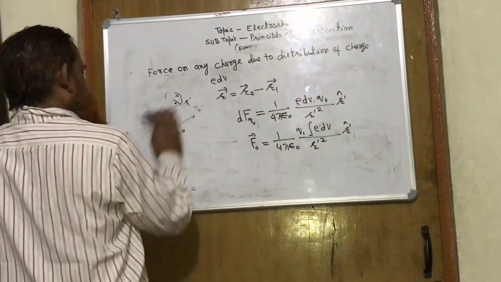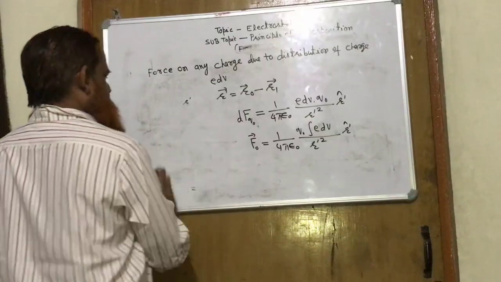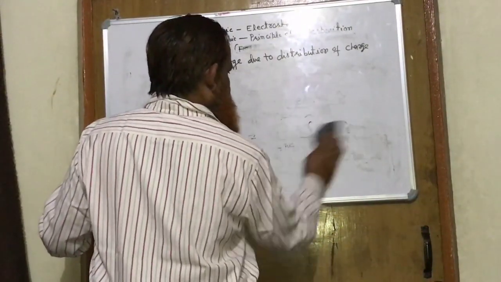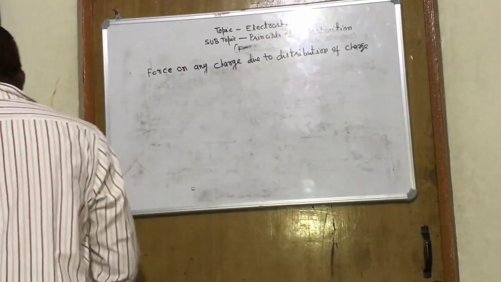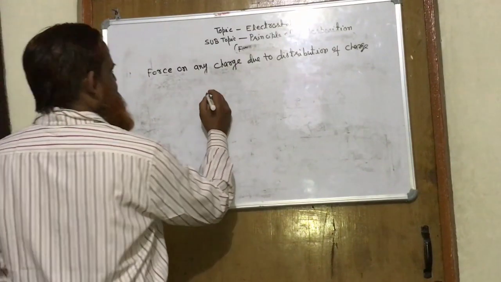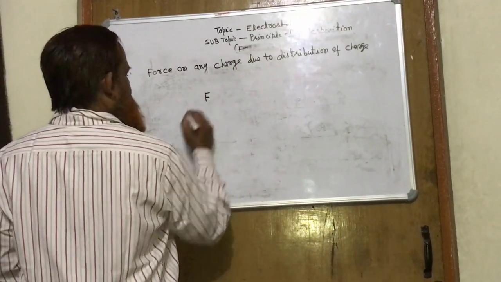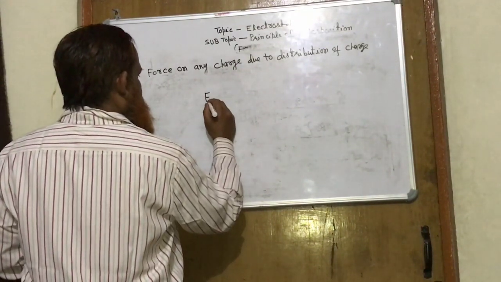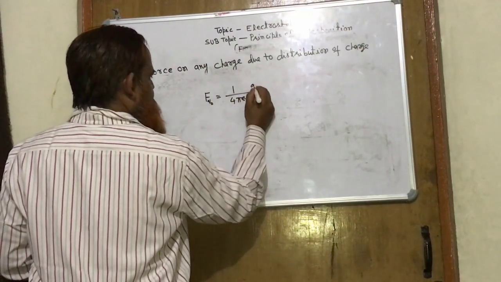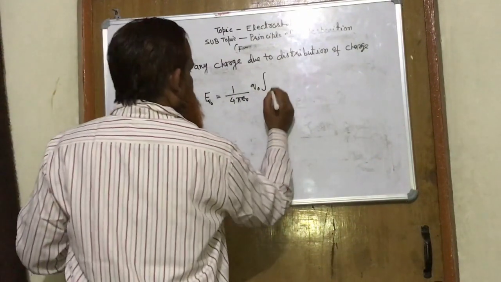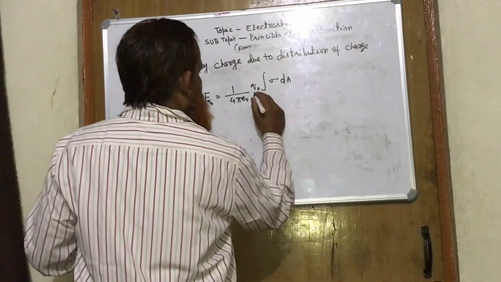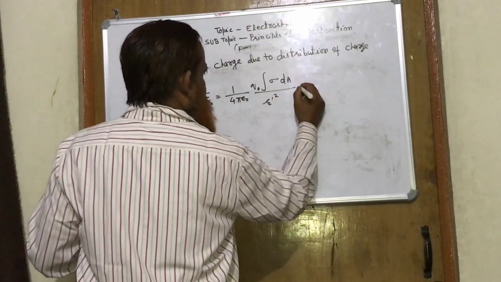Similarly, for charge distributed on a surface, the force on any other charge Q naught is given by 1 upon 4 pi epsilon naught Q naught integral sigma dA upon r dash square r dash cap.